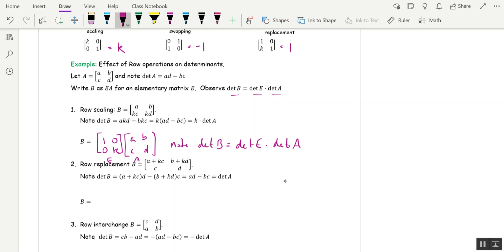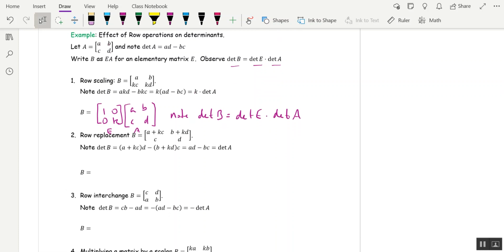All right, let's do another one, row replacement. If I replace row 1 by k times row 2 plus row 1, the effect on the determinant is no effect. The determinant of the new matrix is the determinant of the old matrix.